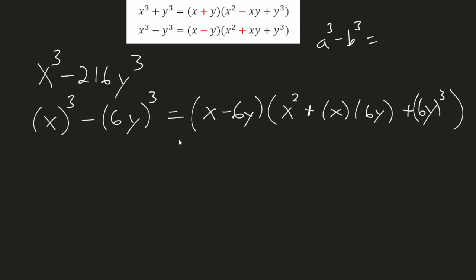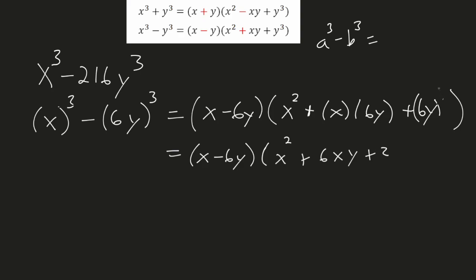So let's go ahead and simplify what we have. X minus 6y times x squared plus 6xy plus, and this is where along the way always check what you're writing, because you'll notice, like I did, we make certain little mistakes every now and again, and that's okay. Let me get my eraser up, if it will actually erase.